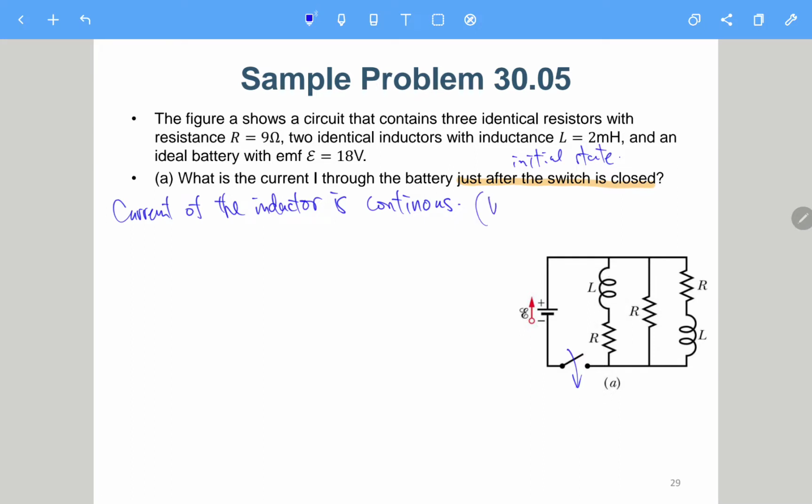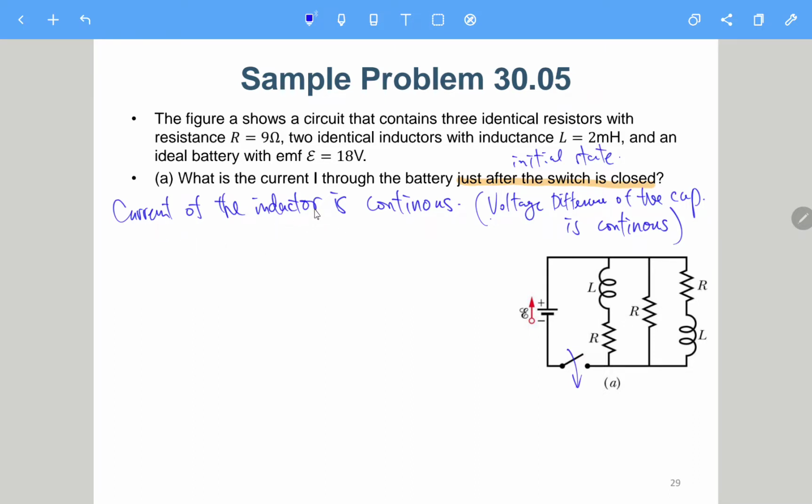And the voltage difference of the capacitor is continuous. Okay, so these are the differences between the inductor and the capacitor. We might need to remember this fact.